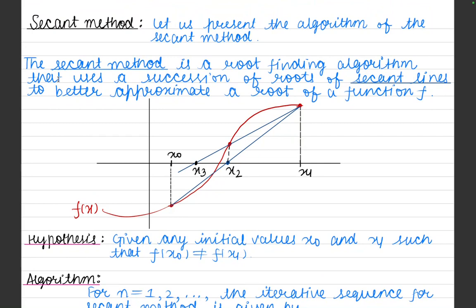And why is it called a secant method? Because it uses a succession of roots of secant lines to better approximate the root of function f.